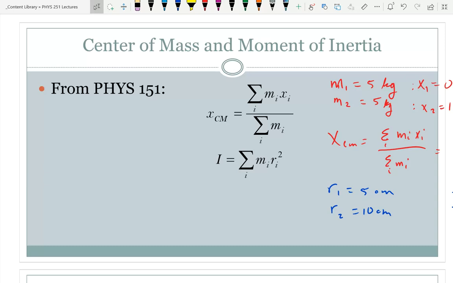We're going to be integrating position, squared if it's moment of inertia, or not squared if it's center of mass, times dm, the little tiny piece of mass at that position. So we're going to have integration instead of summation.